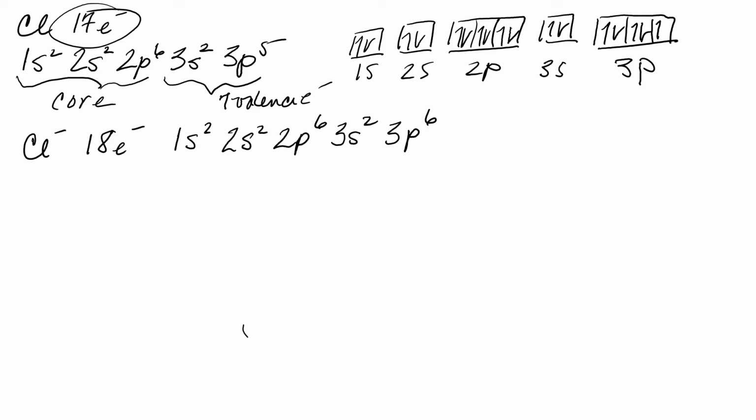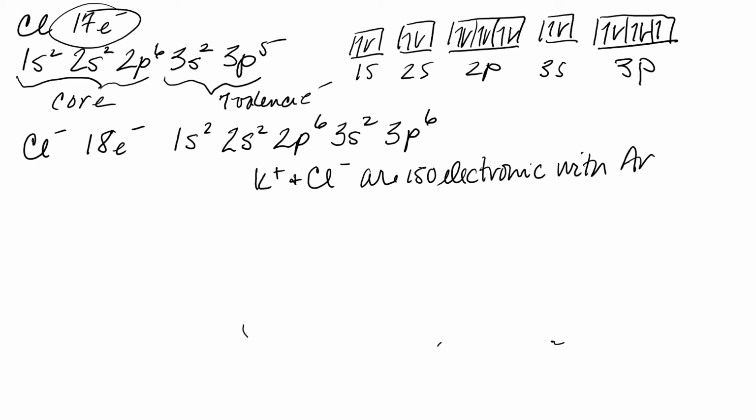So we can say that potassium and chloride ions are isoelectronic with argon. They have the same electron configuration.